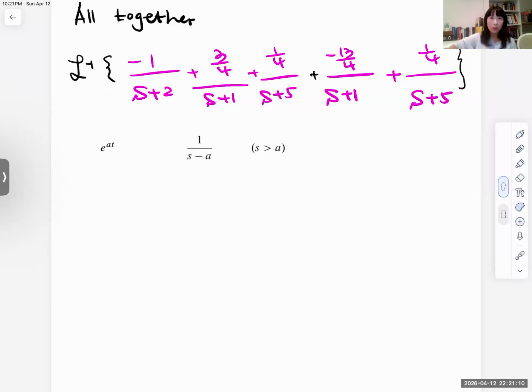And the second term, we have a equal to -1. Third term, we have a equal to -5. And the fourth term, we have a equal to -1 and a equal to -5, right?